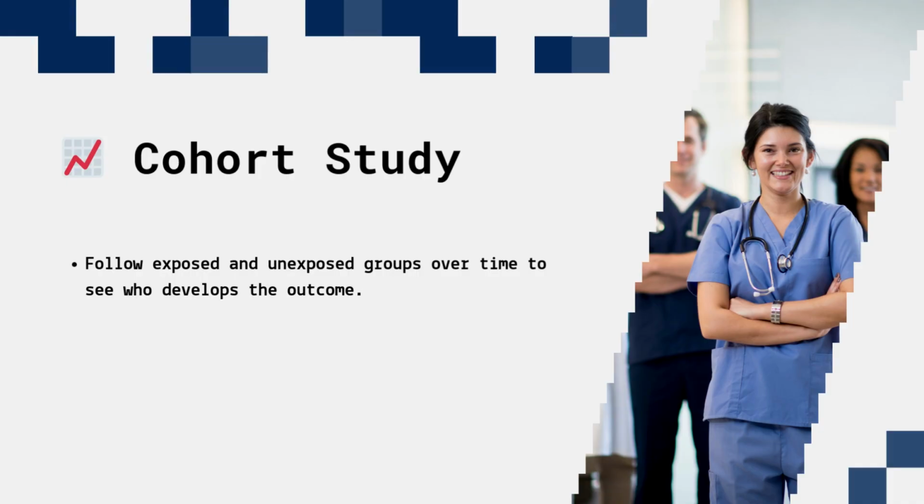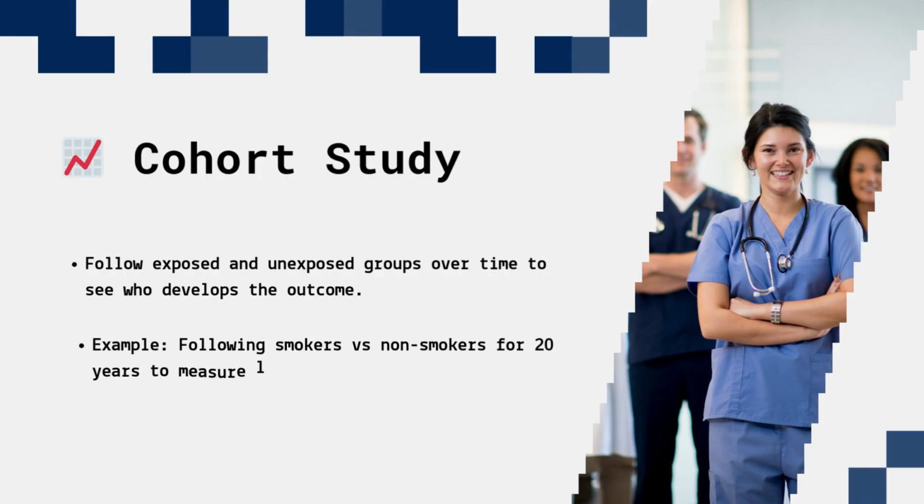For example, researchers take 10,000 people, half smokers and half non-smokers, and track them for 20 years to see how many develop lung cancer. If this is set up now and followed into the future, it's called a prospective cohort study. If it uses existing records to reconstruct the past, it's a retrospective cohort study.